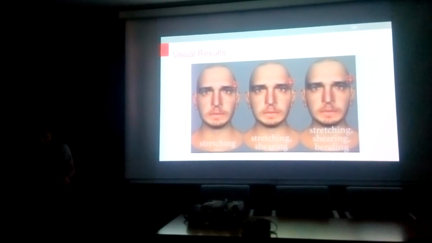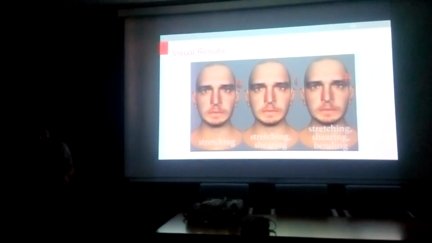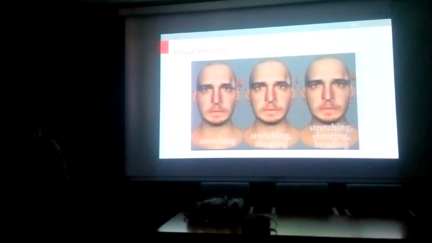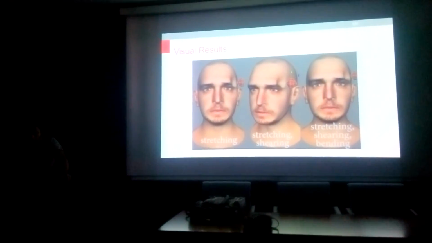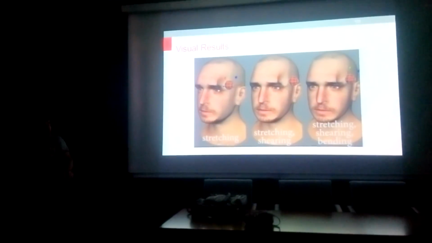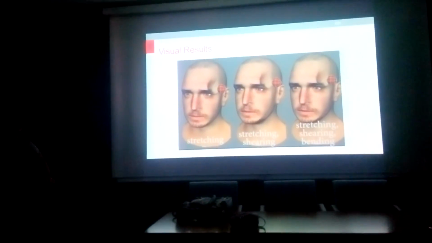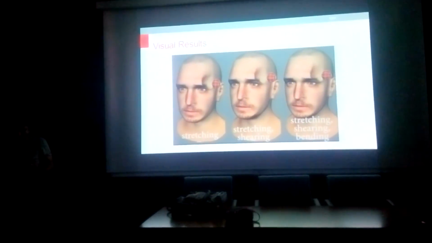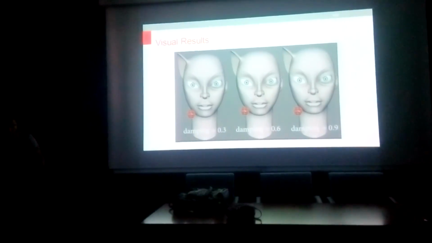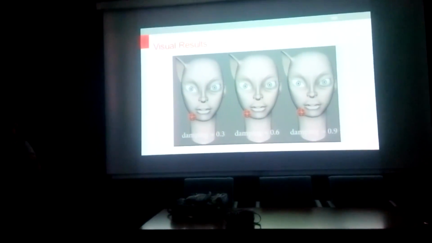The visual quality is dependent on the projected constraints. Left is just stretching constraint, middle stretching and shearing together, and right is stretching, shearing, and bending all together. And we believe this quality fits for cartoon characters or background characters in animation movies.